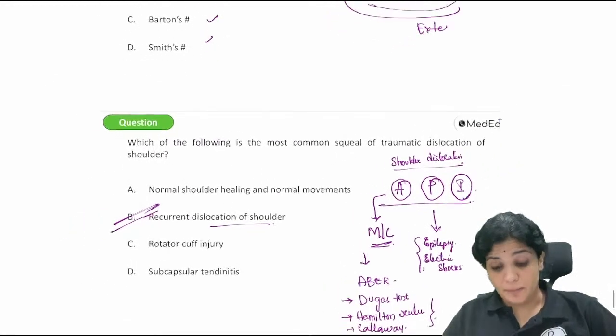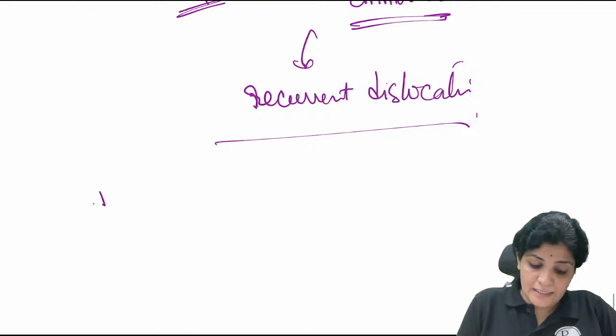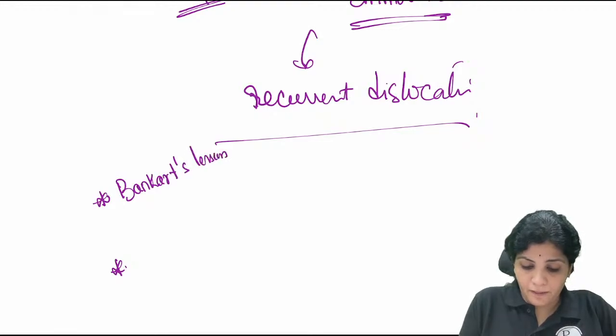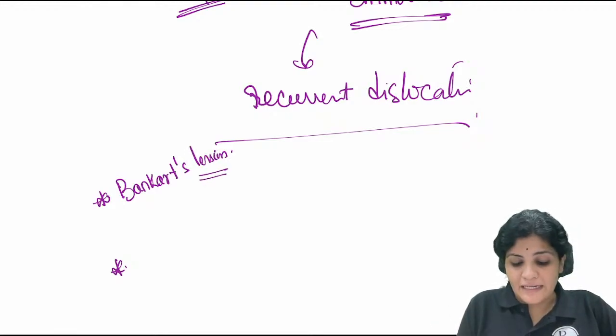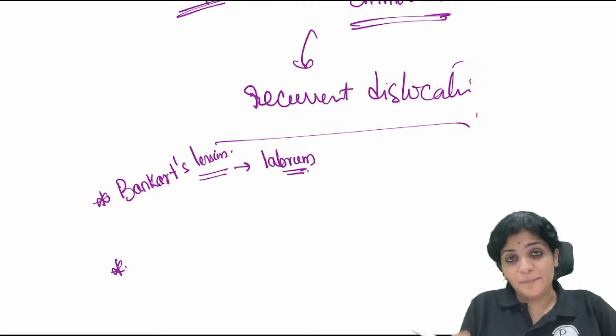And here there are two important things which you have to remember. One is Bankart's lesion. Understood? So Bankart's lesion is nothing but a tear in the labrum. So the labrum will be disturbed.